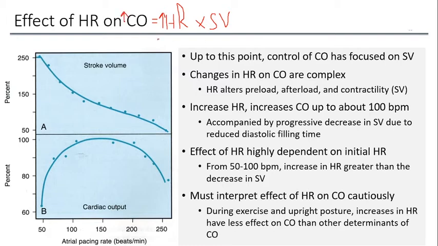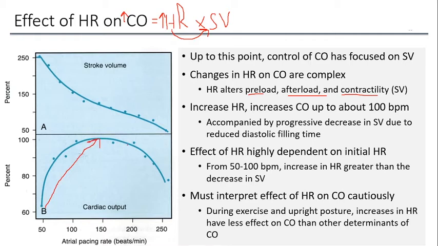However, what this leaves out is the fact that heart rate is ultimately going to impact stroke volume. The reason is that it's going to alter preload, afterload, and contractility.